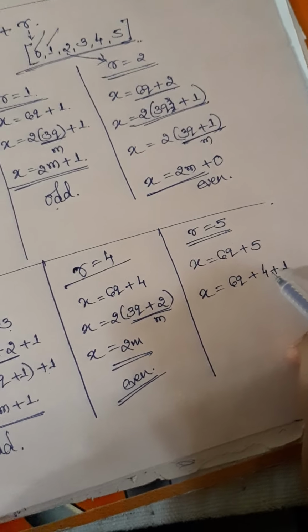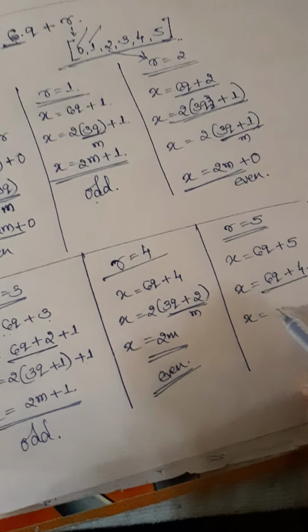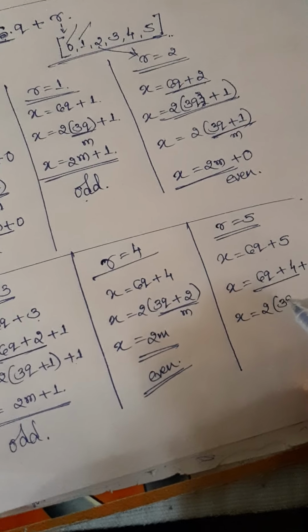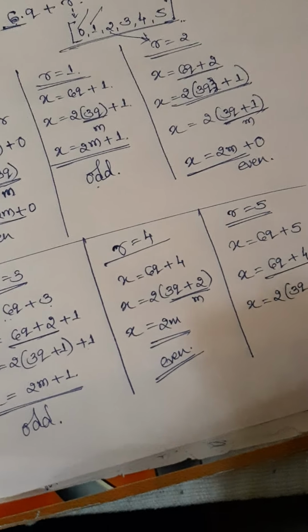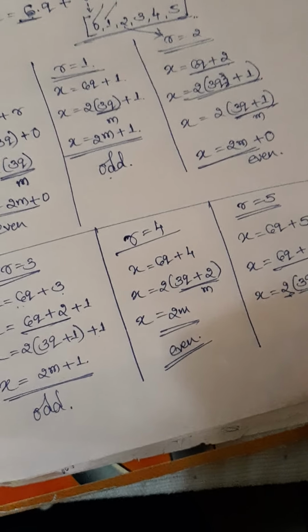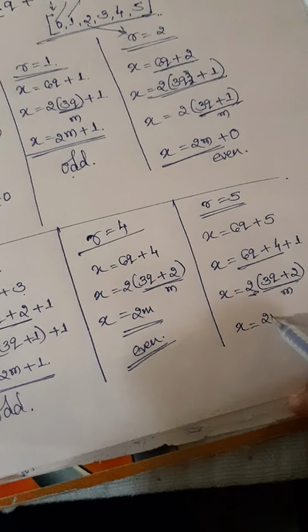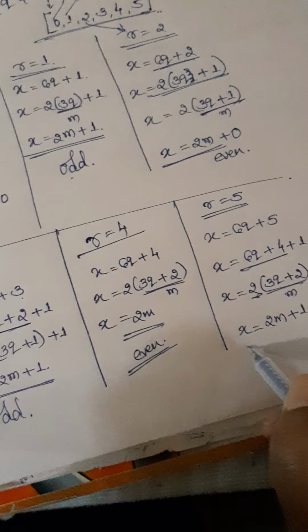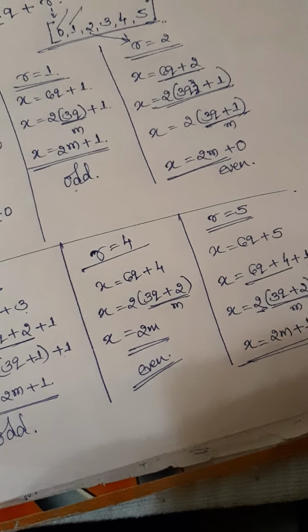Now take common 2: x is equal to 2 into 3q plus 2, plus 1. Again this 3q plus 2 is in the m format. So x is equal to 2m plus 1. It is again 2n plus 1 format, so it will obviously be an odd one.